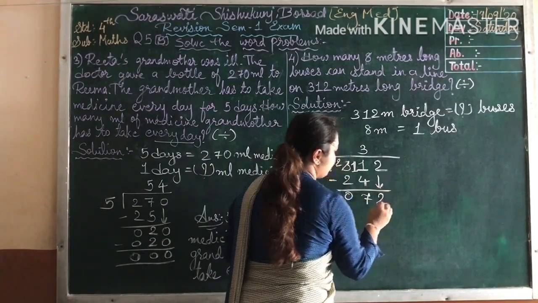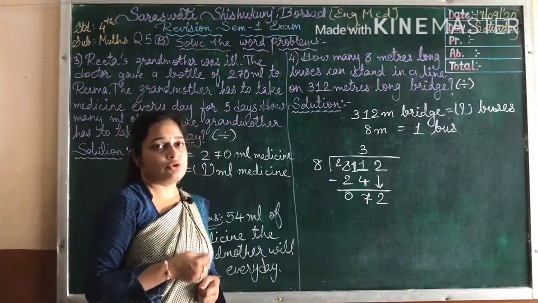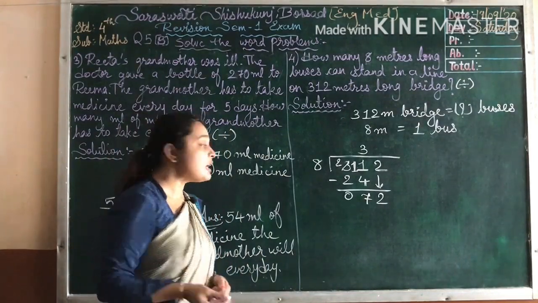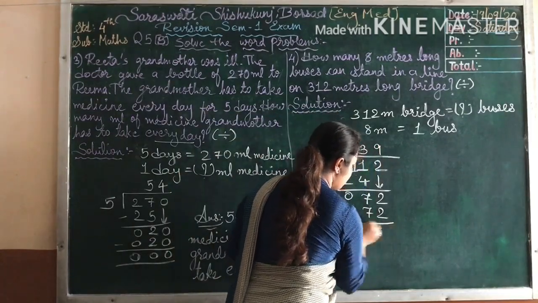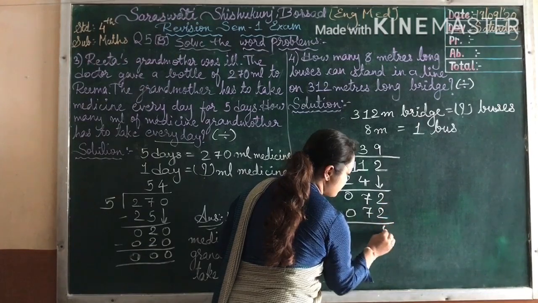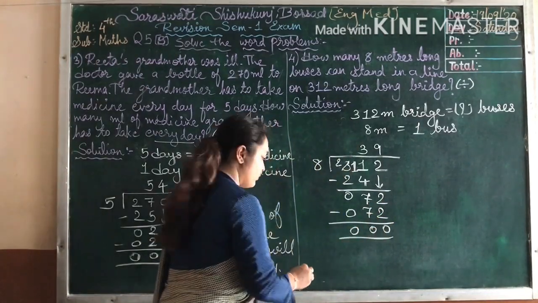Bring the 2 down. 72. Okay. When we multiply 9 with 8, we will get 72 answer. So 8 9s are 72. Minus sign. 2 minus 2, 0. 7 minus 7, 0. And here also 0.